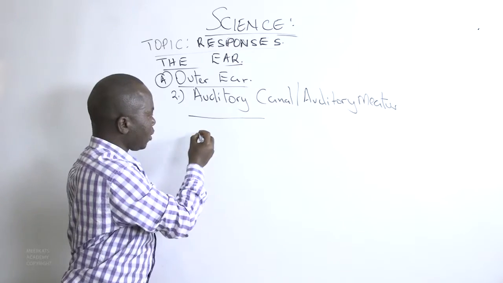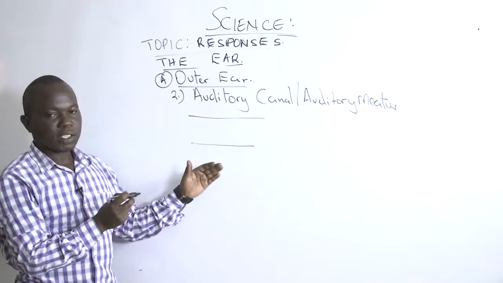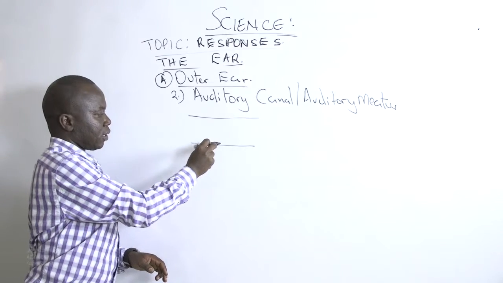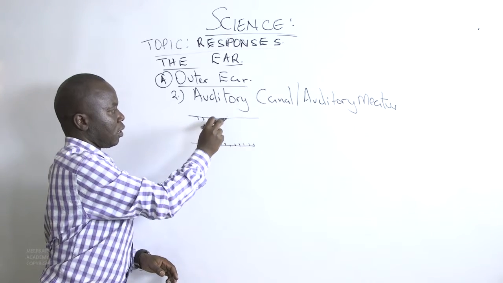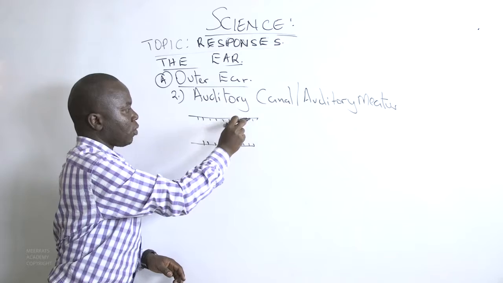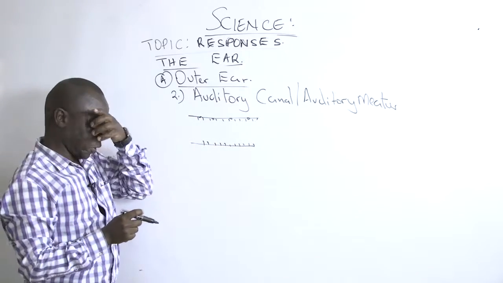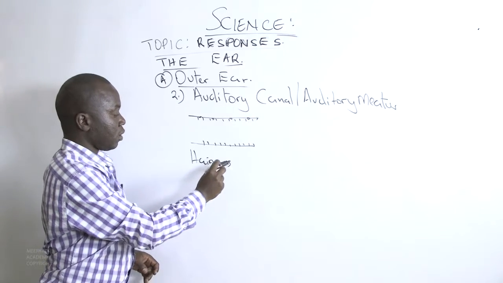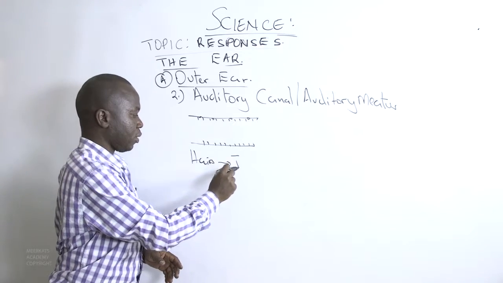In this canal, it is air-filled, but with some hairs and also with cells. Those cells secrete wax. So we have hairs. The role of the hairs here is to trap dust particles.